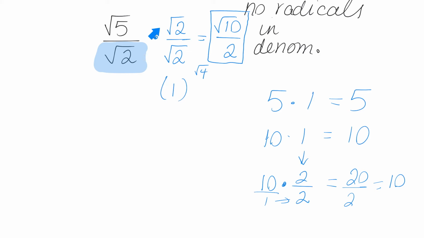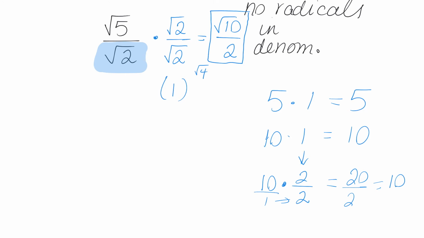Then I simply multiplied the numerators together, so the square root of 5 times the square root of 2 is the square root of 10. And in the bottom, I had root 2 times root 2, which happens to be 2. Therefore, the square root of 10 over 2 is the exact same thing as the square root of 5 over the square root of 2. This is simply a rationalized version of it. So if you're asked to rationalize a function, that's what you do.